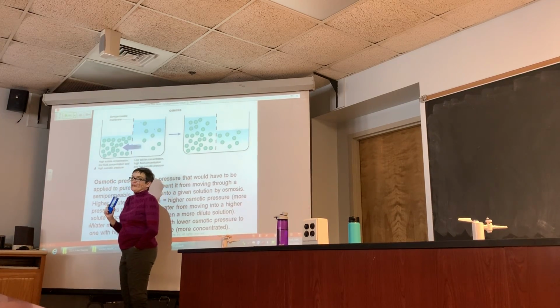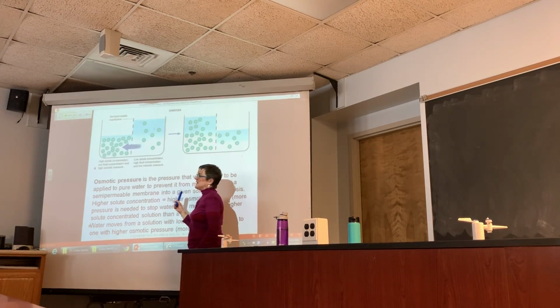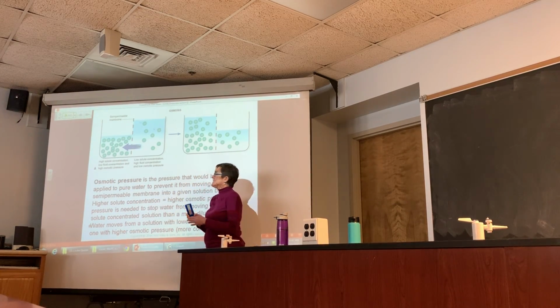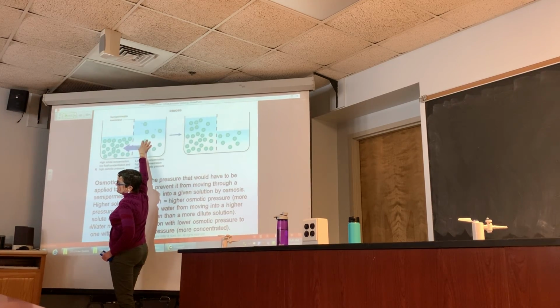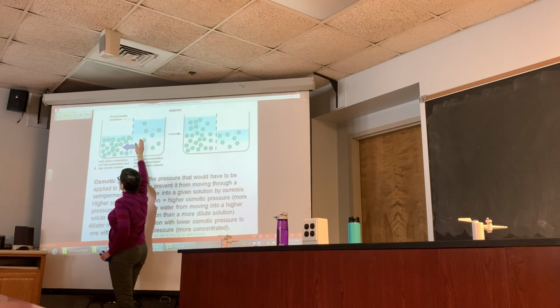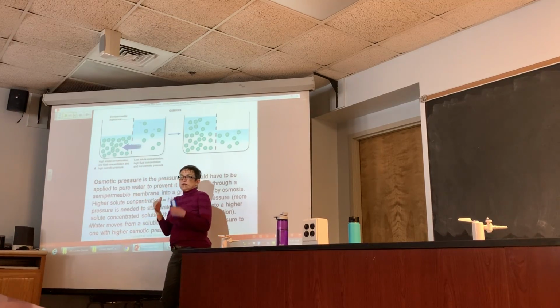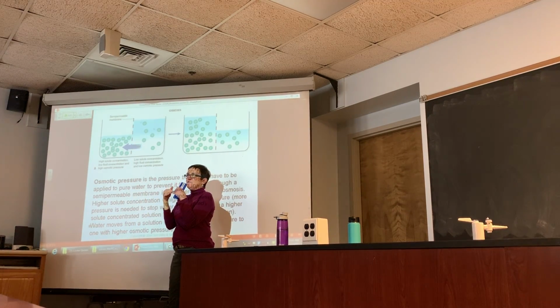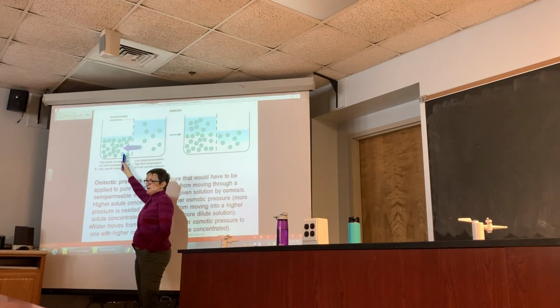Osmotic pressure refers to the pressure it takes to stop osmosis if this were separated by pure water. So if this were pure water over here, and you have this concentration, it's going to take a certain amount of pressure to stop osmosis. That's osmotic pressure. And solute concentration affects osmotic pressure. In other words, the more solute, the more pressure you have to apply to stop osmosis.